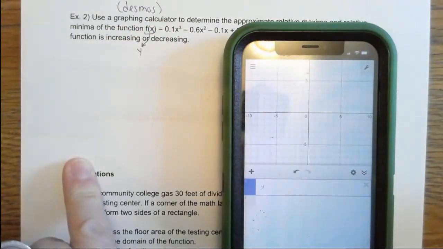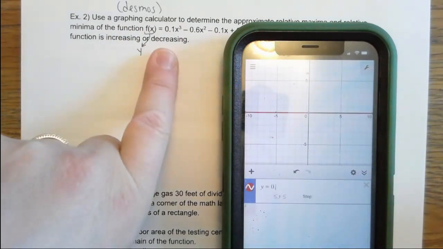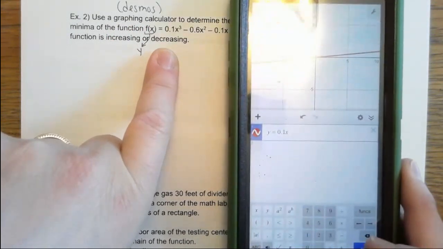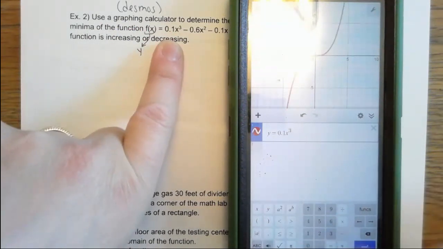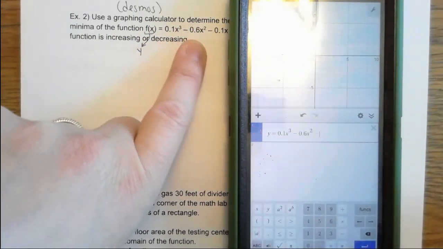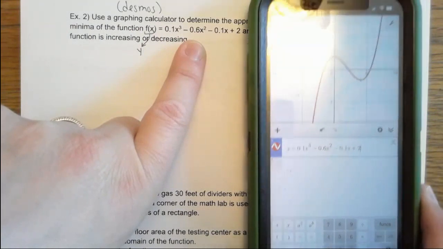So I can type y equals 0.1 x, and then I'm going to use the a to the b key to put in a cube, and then minus 0.6 x squared, and then minus 0.1 x plus 2.